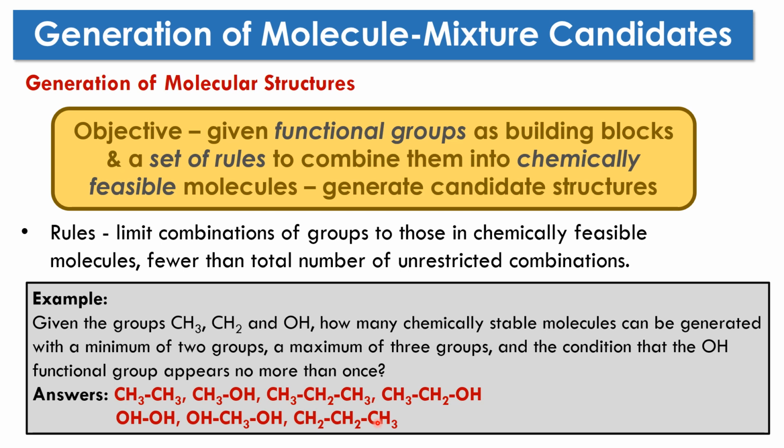This carbon is connected with 3 and 1 atom, which is a total of 4. This carbon is connected with 2 hydrogen atoms and 2 carbon atoms, so the total is 4. But for this carbon atom, only 3 bonds are connected to it, 2 from hydrogen and 1 from the other carbon. So this carbon is not stable because it has one free bond. So this also cannot be considered chemically stable.